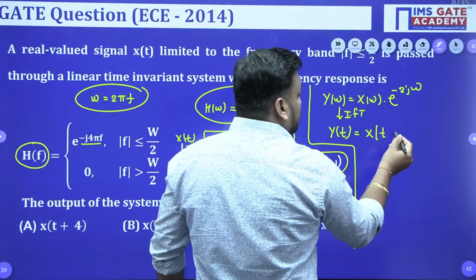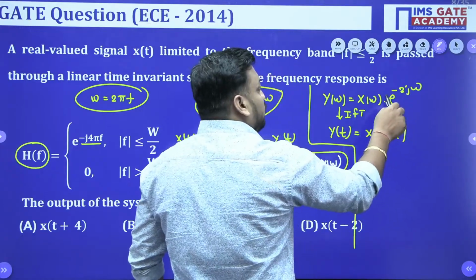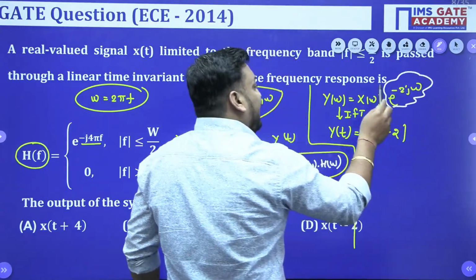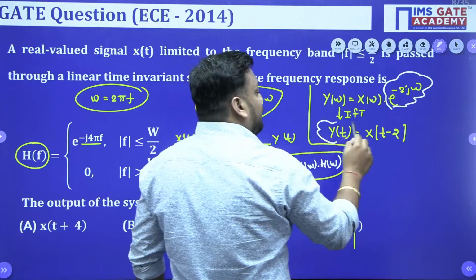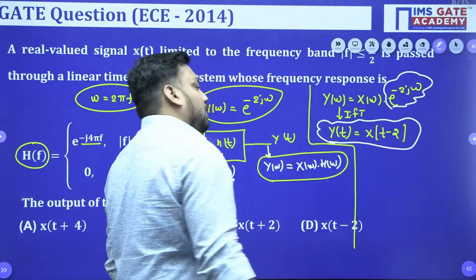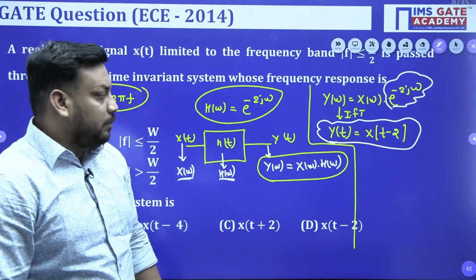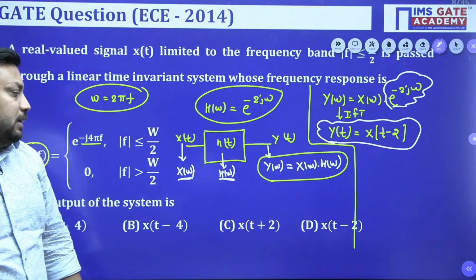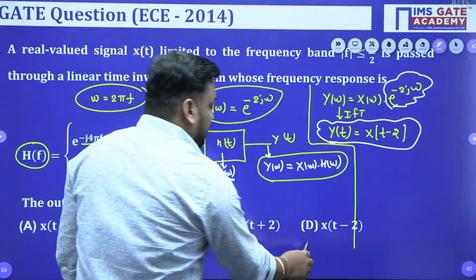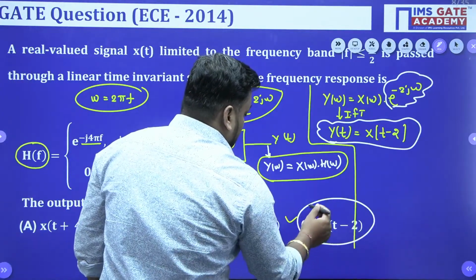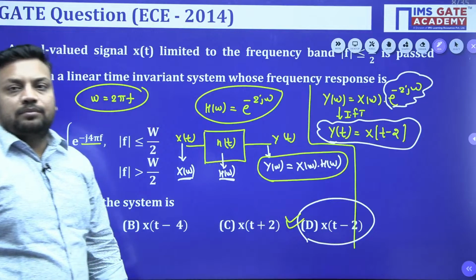Why, sir? Because e to the power minus 2j omega in the frequency domain represents time shifting in the time domain. So y(t) equals x(t minus 2), which means the correct answer is option D for Delhi.